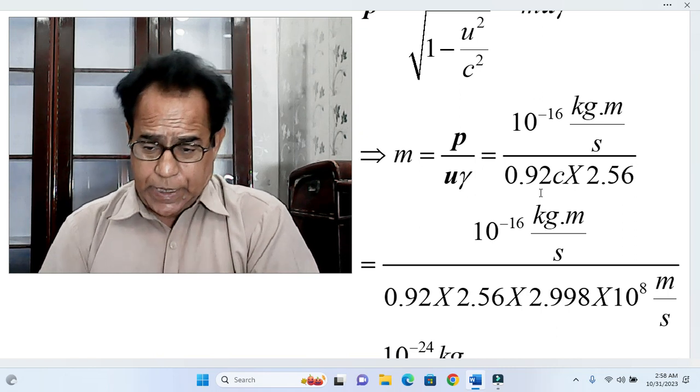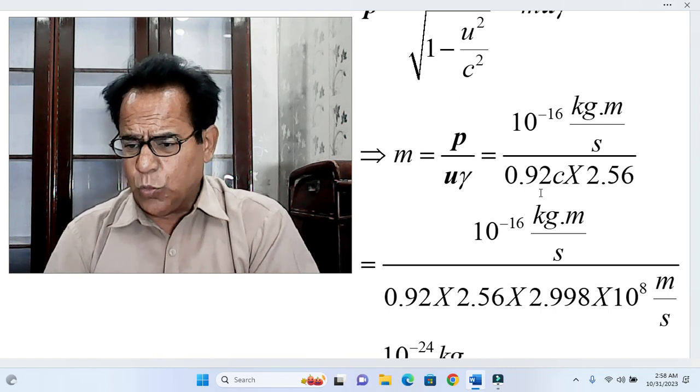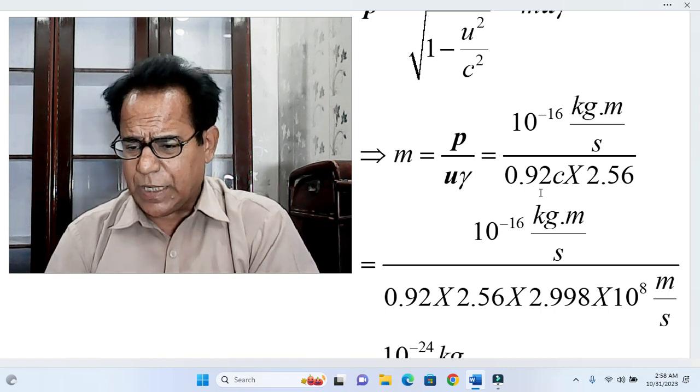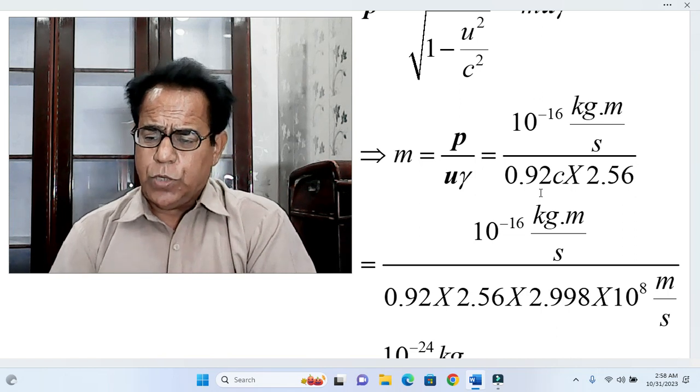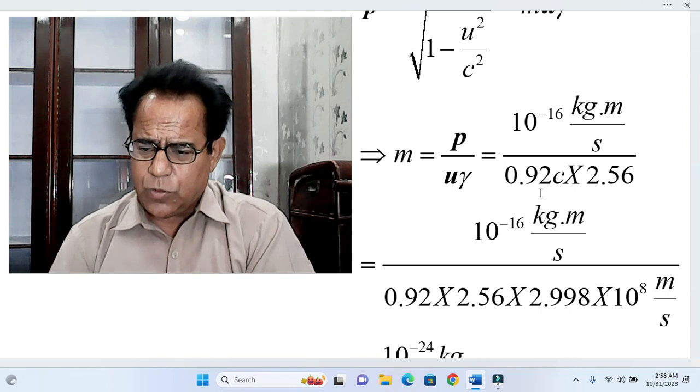Hence we have just put these values in this expression.